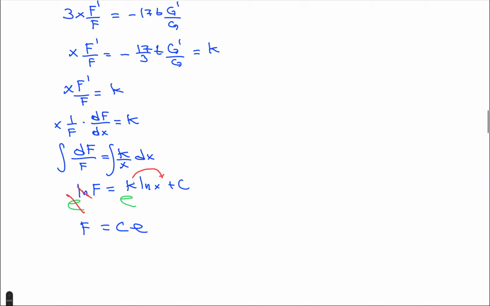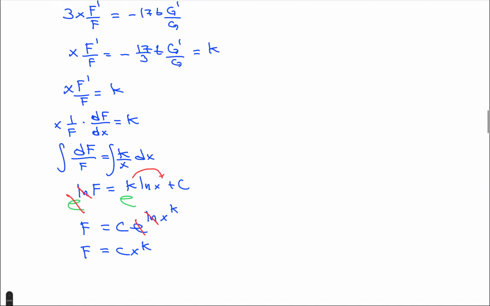So using properties of logarithms, the coefficient becomes the exponent of the argument, leaving us with c e to the ln of x to the k. At this point, we can cancel e with ln, and f equals c x to the k. All right, we just solved the first equation, obtaining the solution for the factor f, which is a function of x.